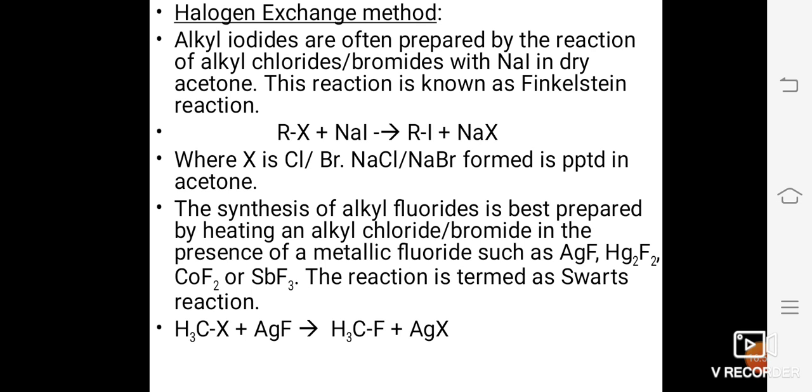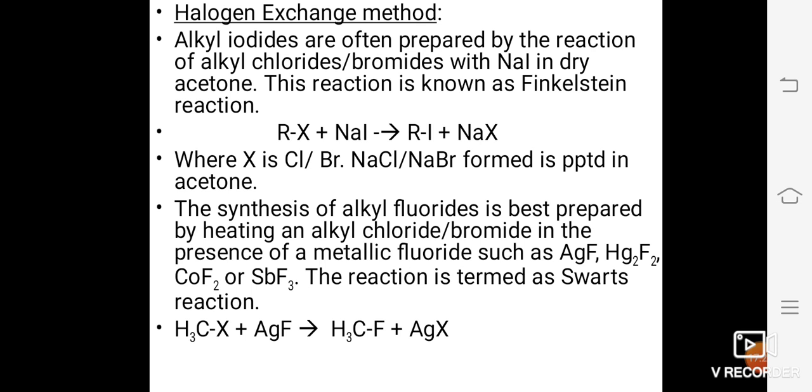The sodium chloride or sodium bromide formed as a byproduct is precipitated out in acetone.